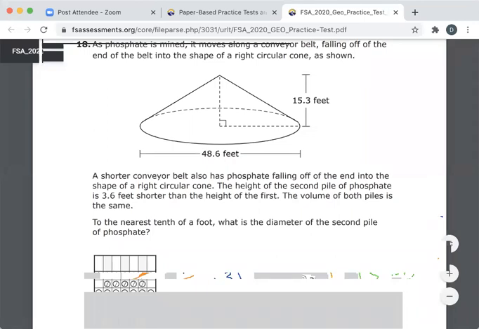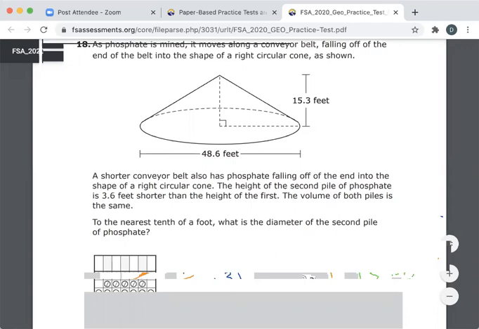Okay, so we got our two cones, same volume. One is taller than the other one. So if I were to draw the second one, I'll draw it next to it.